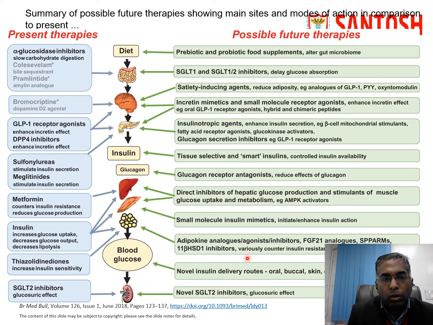Certain adipokine analogs are also being investigated, which act on the lipid cells, and novel insulin delivery routes like oral, buccal, skin and other routes which can control the blood glucose. Novel SGLT2 inhibitors may have an increased glucosuric effect and are under research, and they are the possible future therapy for control of blood glucose in diabetes mellitus patients.